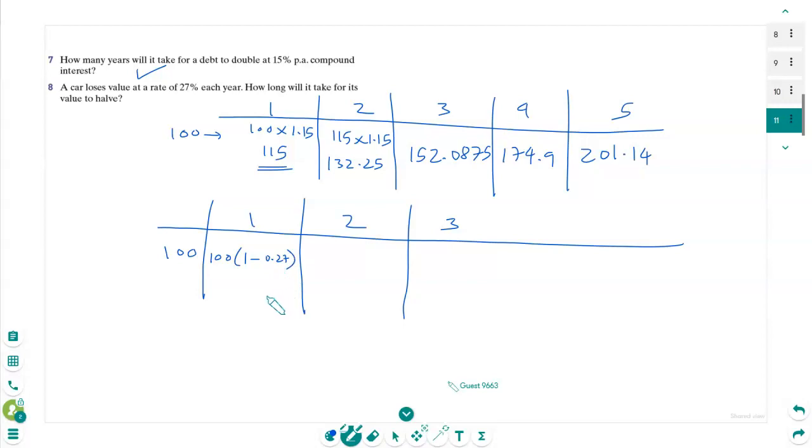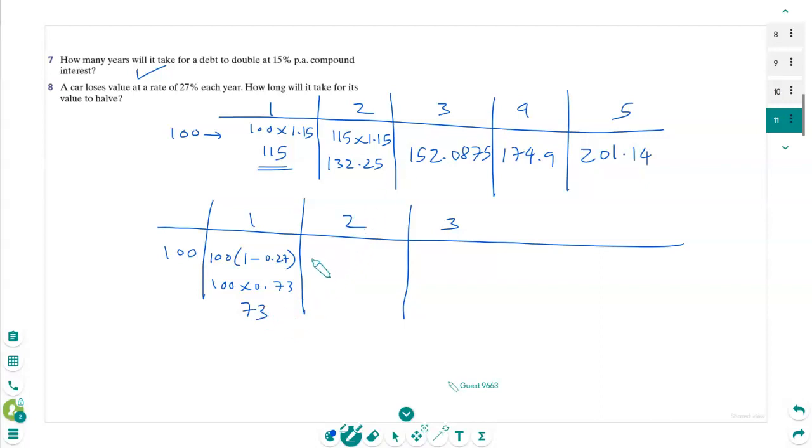Yes. 1 minus 0.27 is how much? 0.73, right? Yes. So it is 73 now.